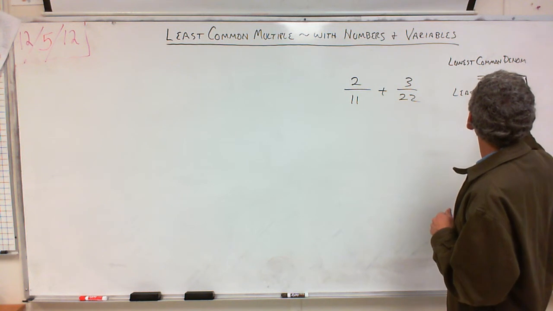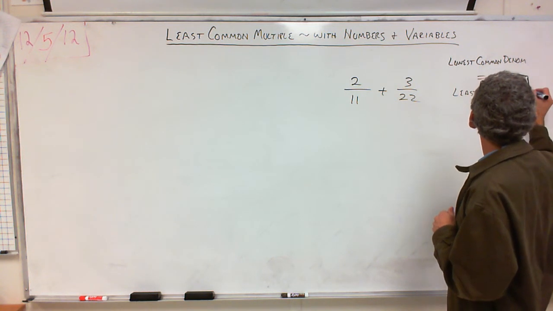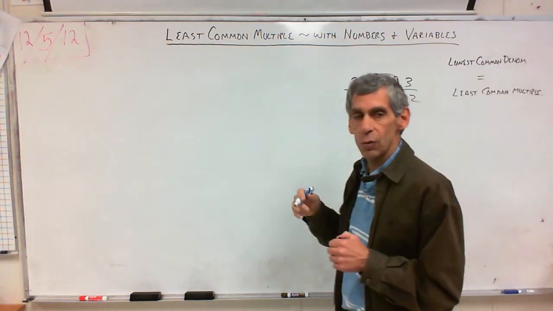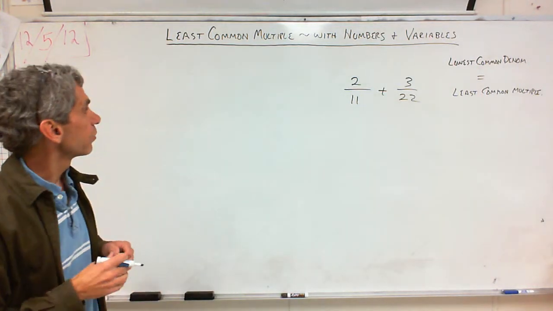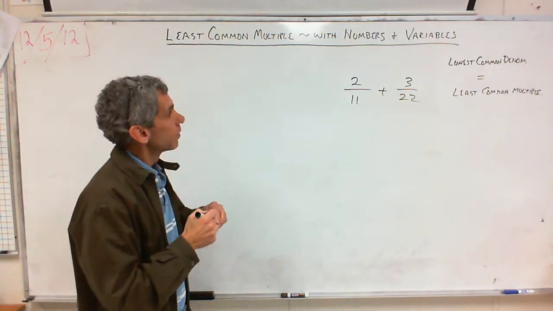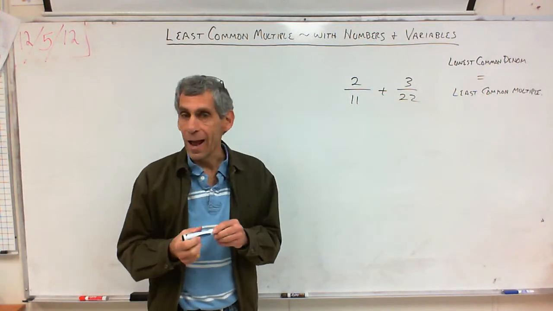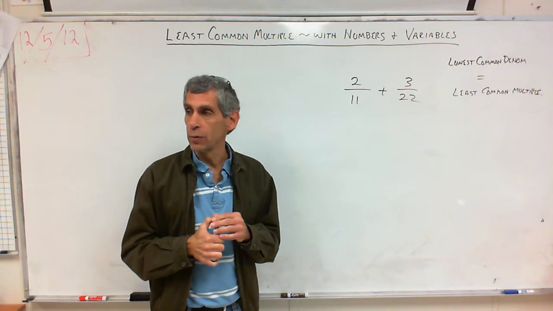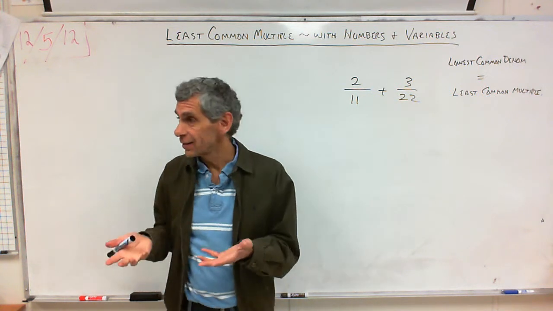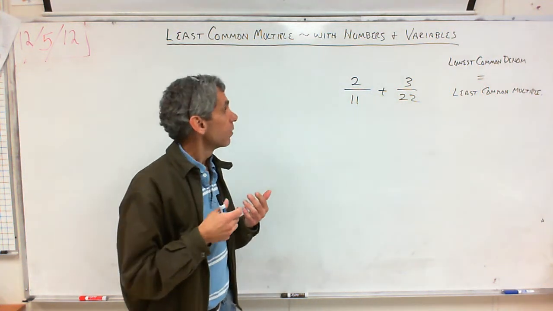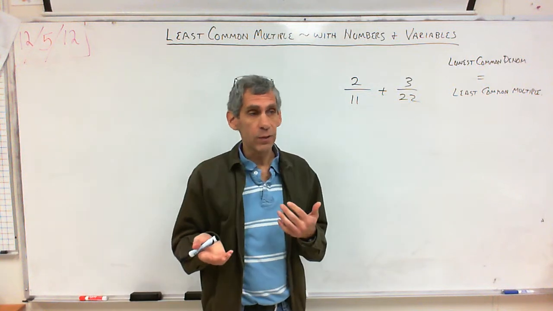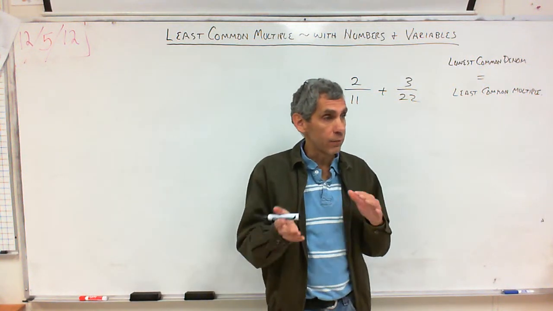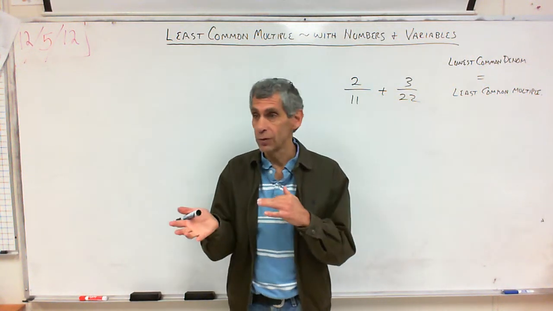So it's very useful to know how to do this, but even for more reasons than that, you'll see. As we move forward, you'll see. But we have to talk about how to find the least common multiple, and also what it is. Remember, a lot of times people get confused between greatest common factors versus least common multiples.